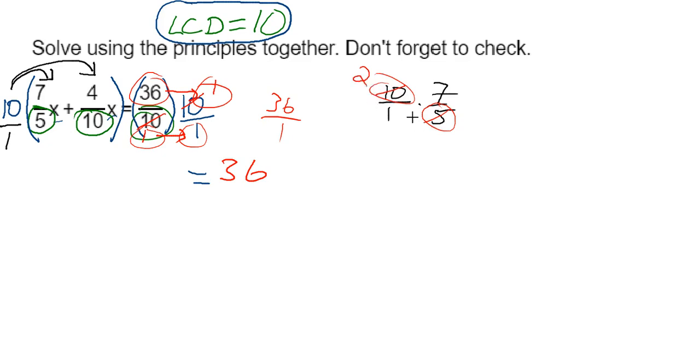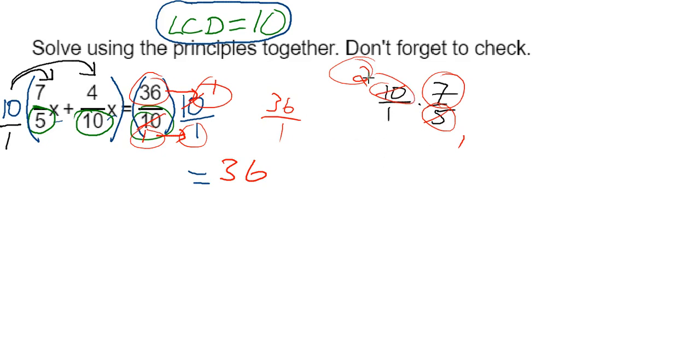Right? I'm dividing a 5 out of both of these. If I divide 5 by 5, I have a 1 left over. 10 divided by 5 leaves me with a 2 left over. So essentially what's happening is this number will get divided by 5, so 10 divided by 5, which gives me 2. And then multiplied by the numerator. So you divide by the denominator, multiply by the numerator, and that's how you get the result.